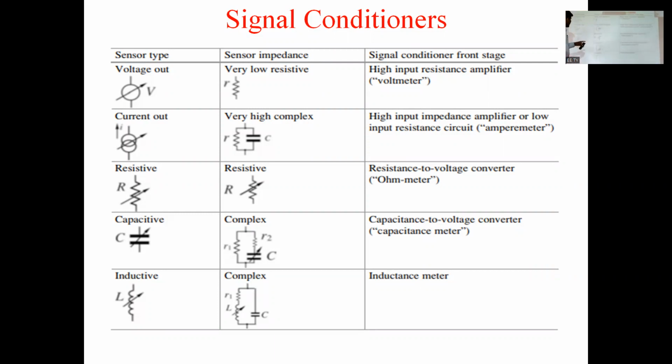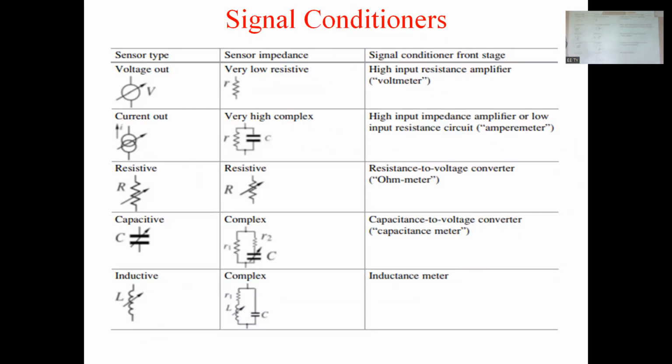So we get a voltage, it has some amplitude, or we get a signal, right? So the output signal is in the form of voltage, with some amplitude, suppose here it is Vm. We want to interface with a signal conditioner having a high input resistance amplifier.